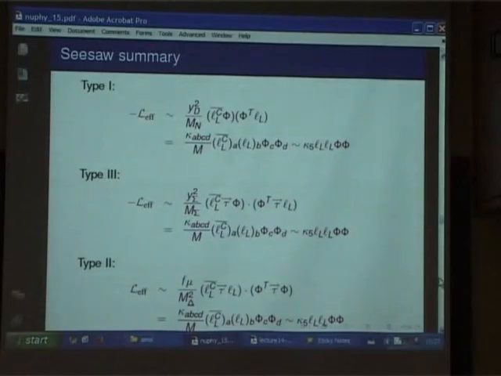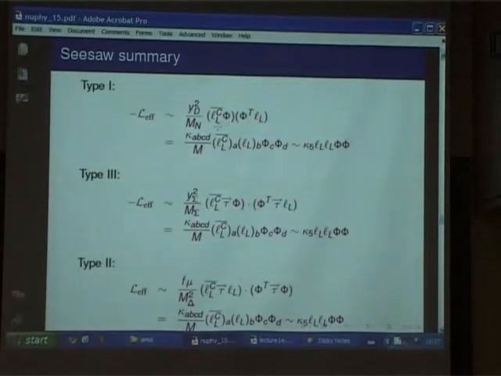So this is a summary of this. Whichever way we wrote things down, this is a singlet, so therefore this is L phi and phi dagger L. This was a triplet, and this is a triplet.